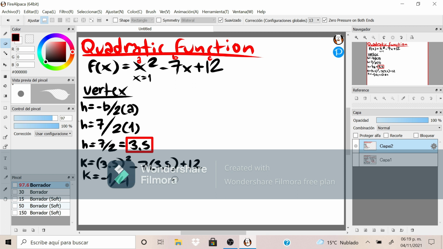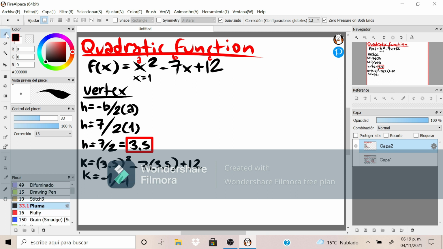The point is that we have the vertex already: 7 halves and minus 1 quarter.